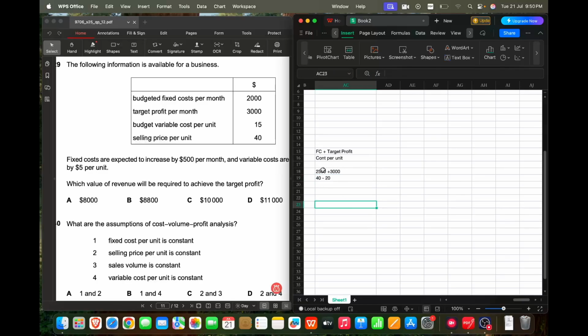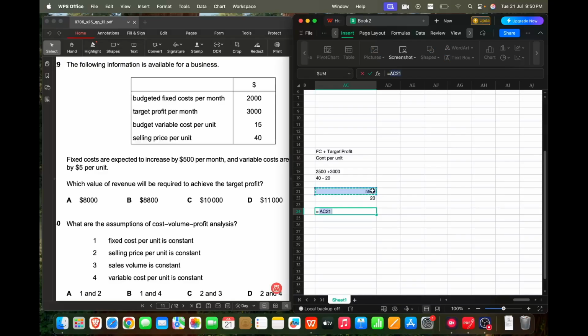Okay, this is your fixed cost plus target profit, and this is your selling price minus variable cost to find out the contribution. So let's do that. 5500 is the total up there, and then selling price minus variable cost is 20. Now this will give you the number of units to be sold to reach a profit of 3000.